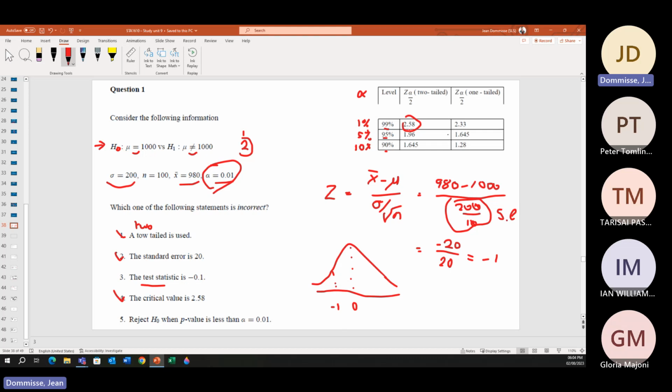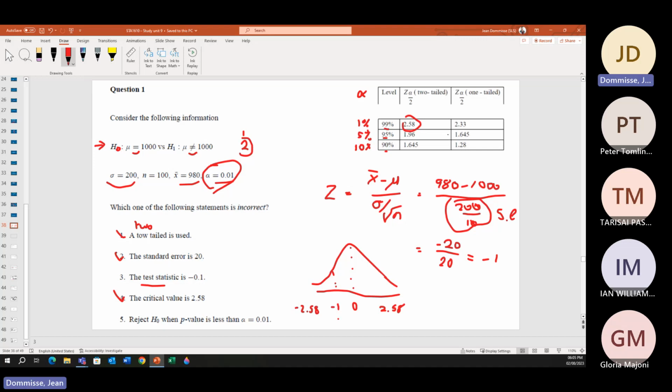Remember your critical value for this one was 2.58. Okay, two tails, so on this side it is also minus 2.58.